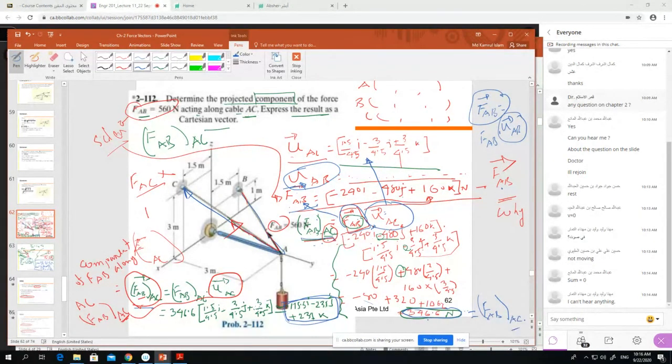We got it. Now it is a scalar value, but they ask to find the result in Cartesian vector. Now we have to convert to vector. So again, to find the vector, it is the scalar times unit vector AC. Then we got the vector. Okay, clear now?